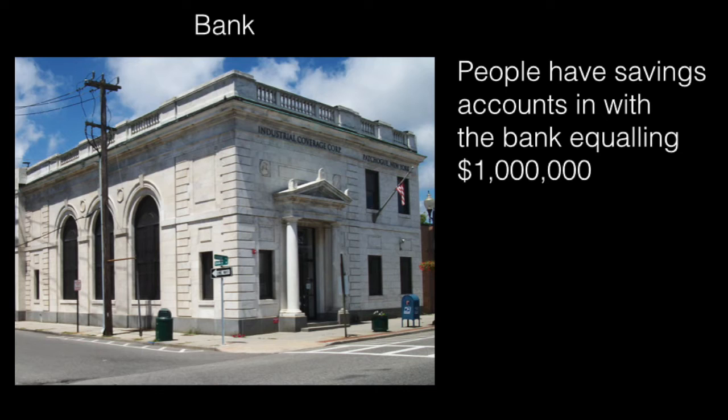Well, there isn't always $1 million sitting in the vault of that bank. The bank uses that money that people deposit to make more money. It invests in things, it buys bonds, it loans that money out to people for things like mortgages or to buy a car.